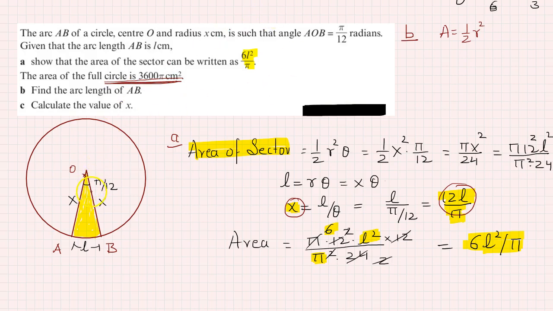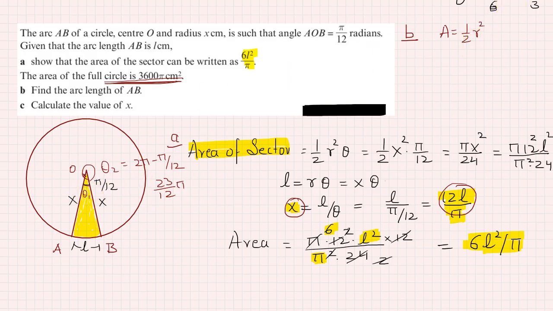So the area of the full circle is, we divide it into two parts. This is theta 1 and this is theta 2. But we already know that theta 2 is equal to 2 pi minus pi over 12, so this is 23 over 12 pi.